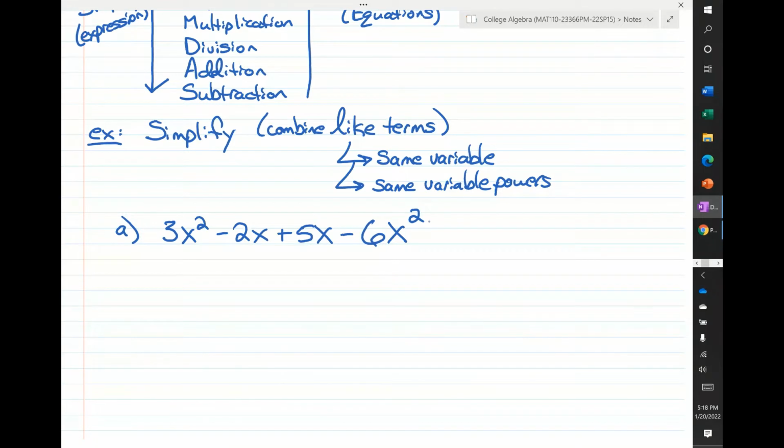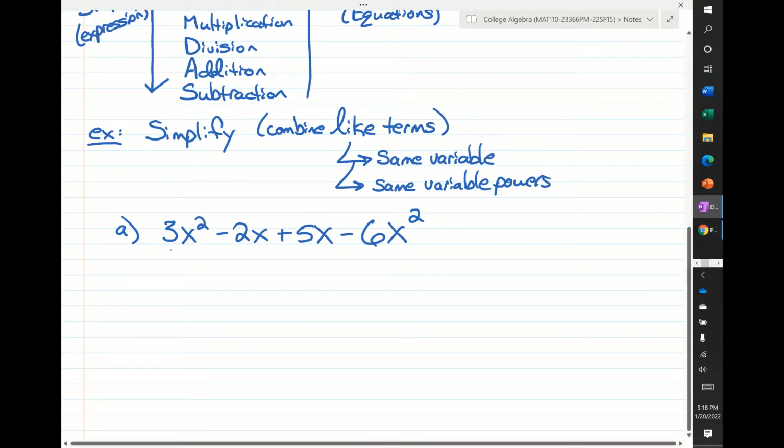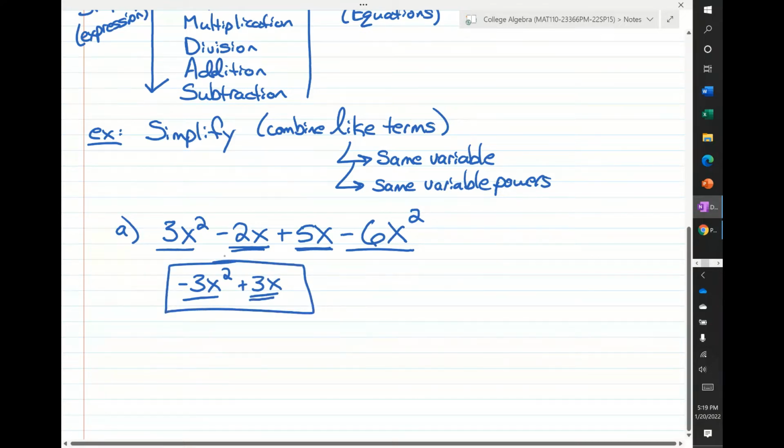But we look to see what has the same variable and the same variable powers. So we have x squared here, we have x squared here. So 3x squared minus 6x squared is negative 3x to the second. This has x to the first power, this has x to the first power. Negative 2x plus 5x is 3x. That's what we're referring to when we talk about simplify.